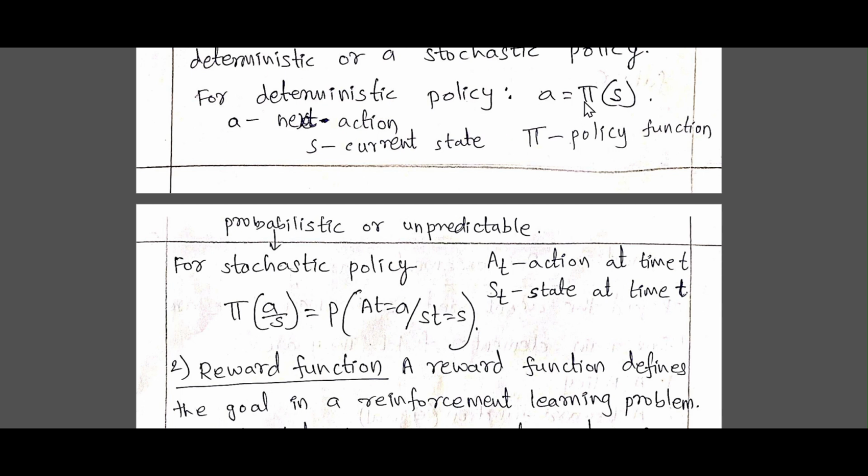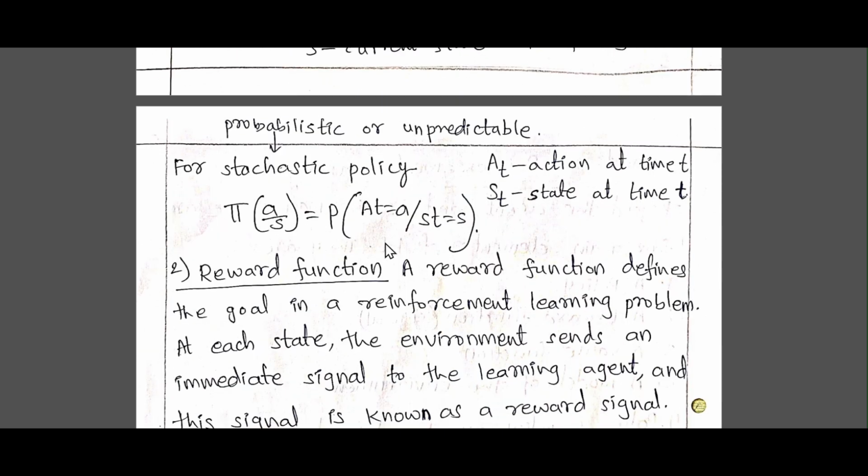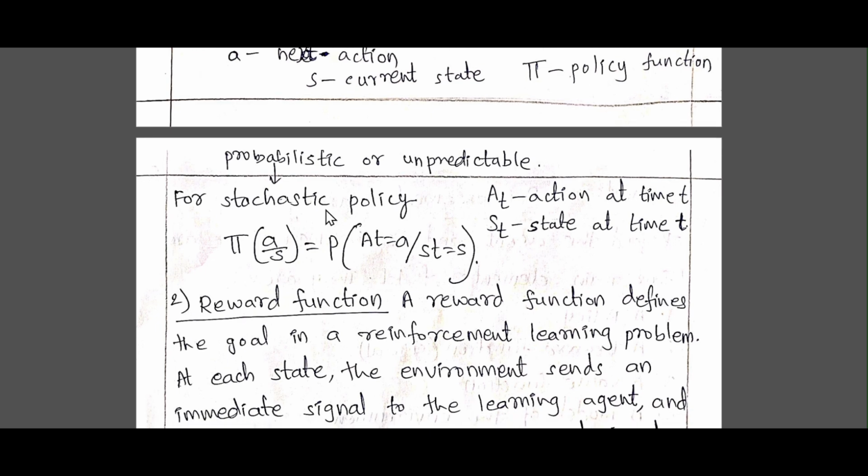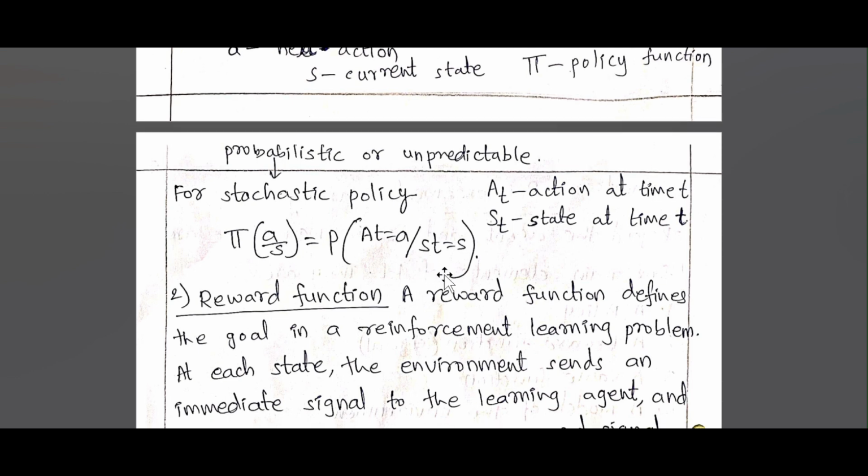Next action equals the policy function of the current state. This is the formula you need to remember. For a probabilistic or stochastic policy, the formula is: pi of a given s equals P of A at time t equals a, given state at time t equals s.